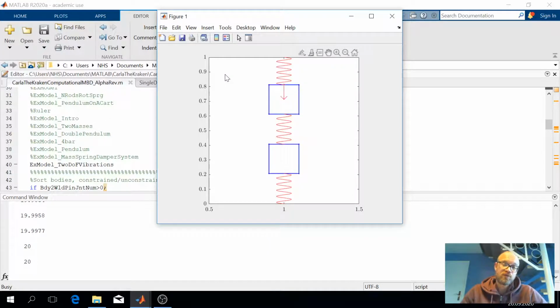But this is what our run-up would look like in a system with 2 masses, 2 degrees of freedom, corresponding to 2 natural frequencies, each with a mode shape. Here we saw both mode shapes being triggered by a forced excitation.